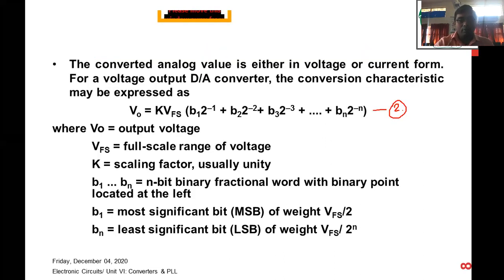This equation number 2 represents the conversion characteristics of the digital to analog converter, and it is a very important equation. So please note it down, along with all the terms that I have told you related to this equation.